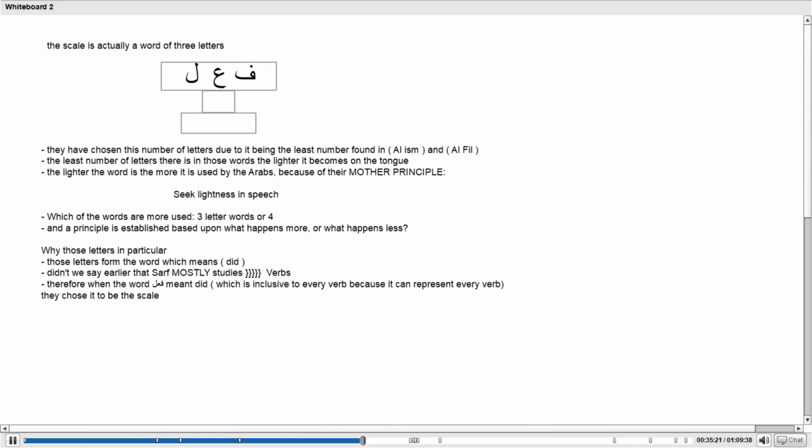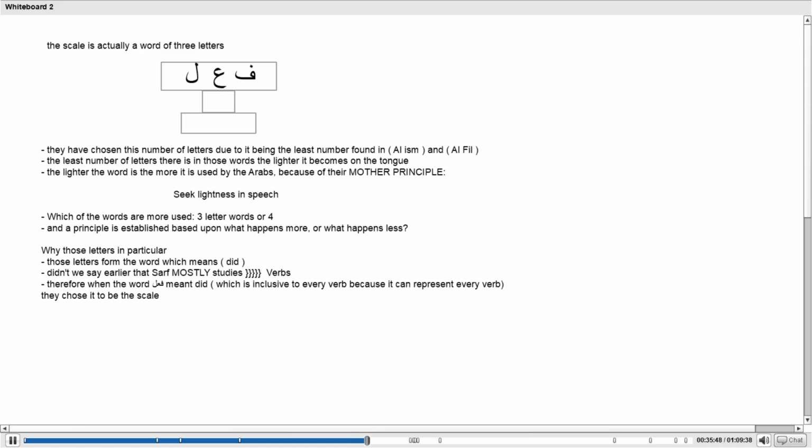The scale is for understanding how words are formed and how that works. I'm going to show you later, inshallah, how to use it. It's easy, don't worry. But we have to understand the nature of the scale.